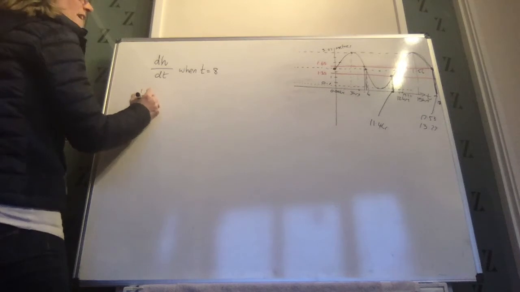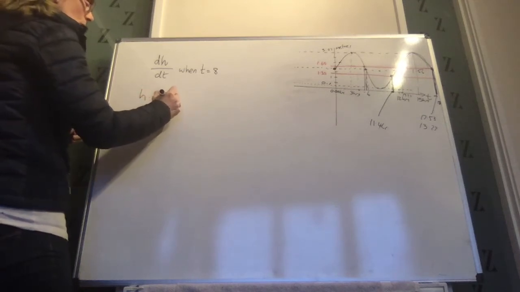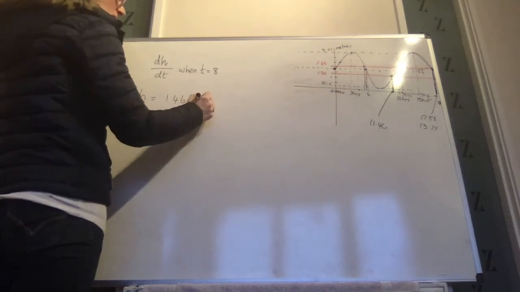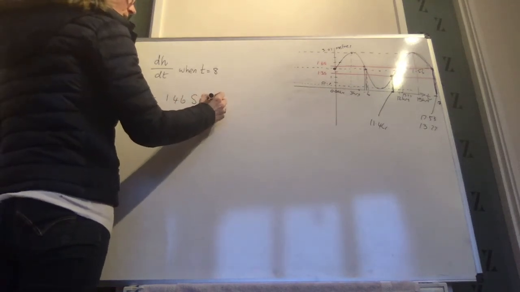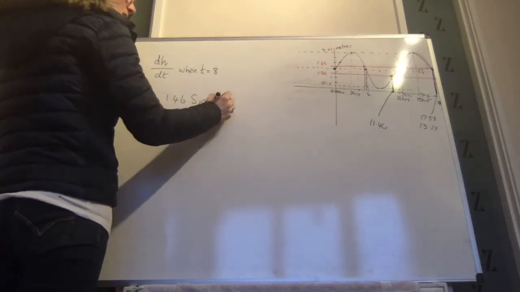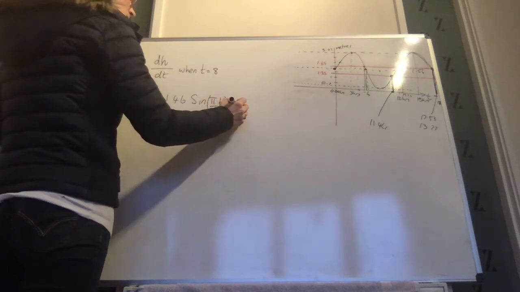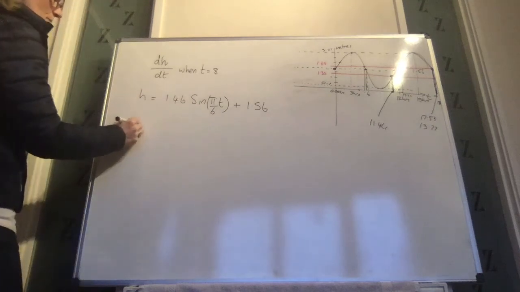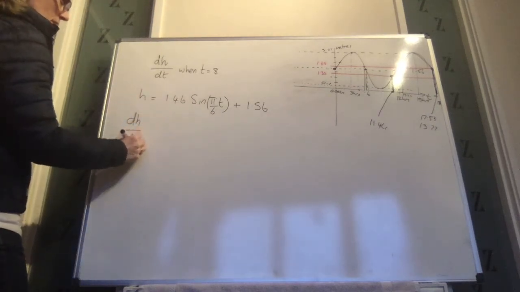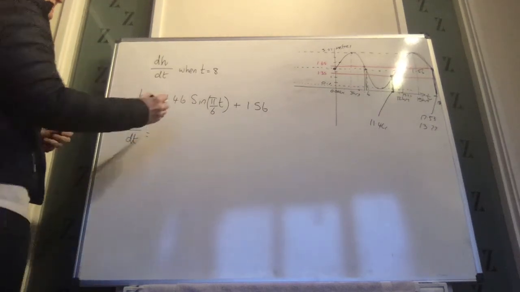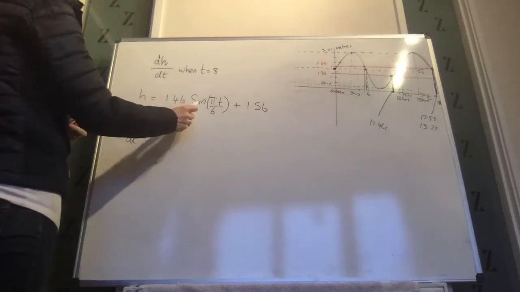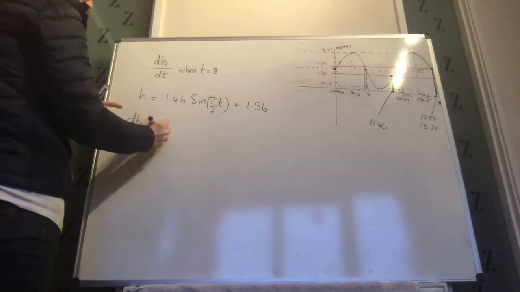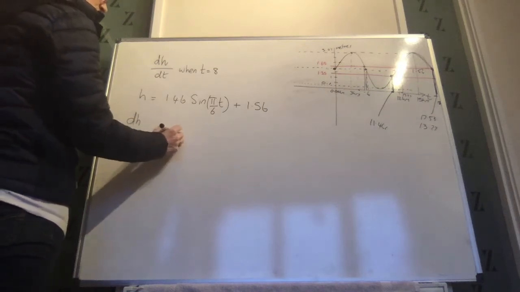Okay, so h is equal to 1.46 times the sine of pi over 6 t plus 1.56. So what's dH by dt? Again, that's like a sine of bx plus c. So the 1.46 is just a constant.